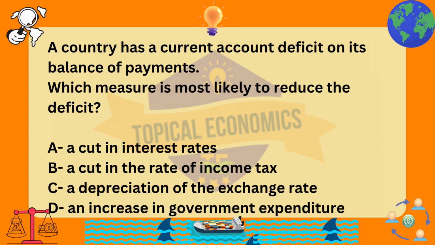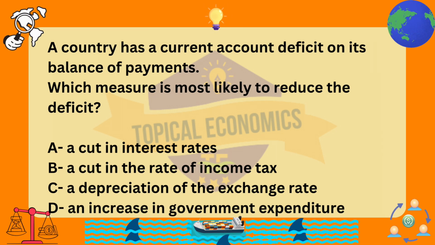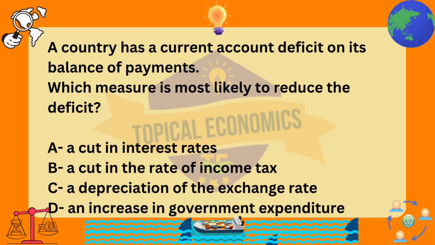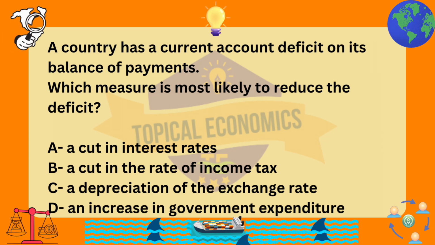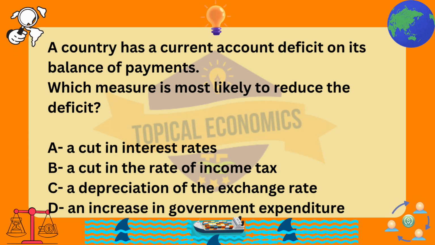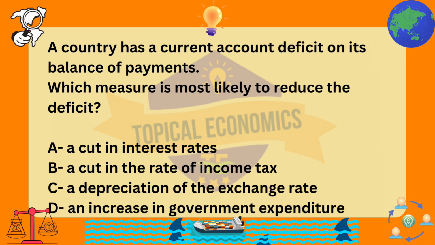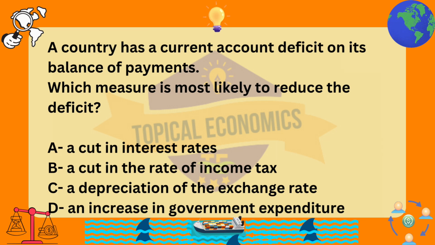A current account deficit occurs when a country is importing more goods, services, and income than it is exporting. To reduce this deficit, the country needs to either increase exports, decrease imports, or both. One of the most effective ways to achieve this is through a depreciation of the exchange rate.